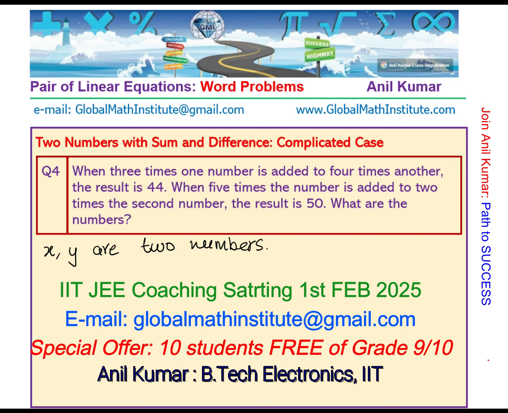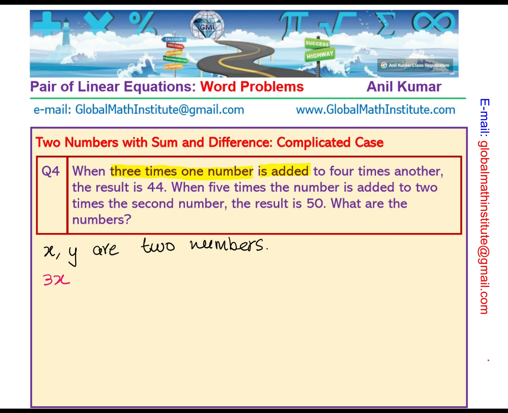Okay, great. When 3 times, so let's read, 3 times one number, right? So 3 times one number, you can pick any one, 3x, right? Then read further, is added to. So you add this to 4 times another number.